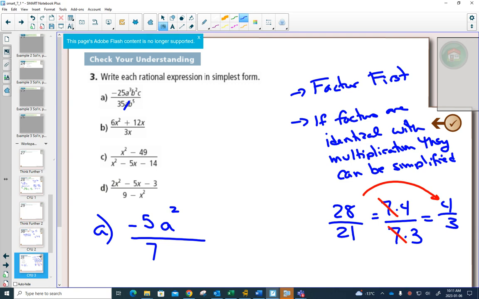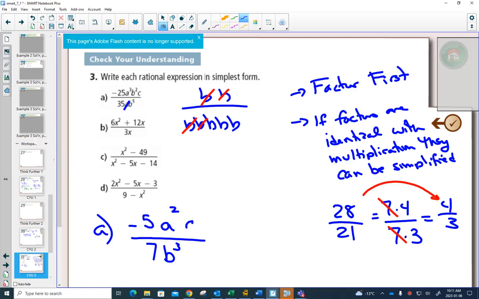I have 5 b's on the bottom, and I have 2 b's multiplied on the top. Can you see, if you wrote it out, and we wouldn't do this, because it has to write a lot of b's, but can you see that they would simplify? 2 of them would go away. And you would be left with b cubed on the bottom.